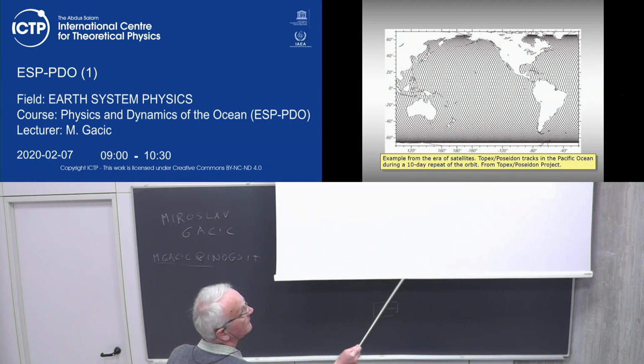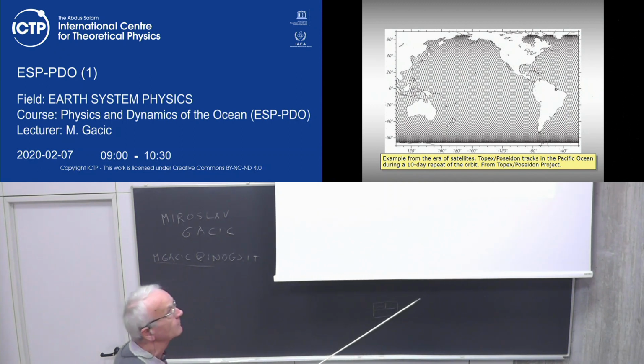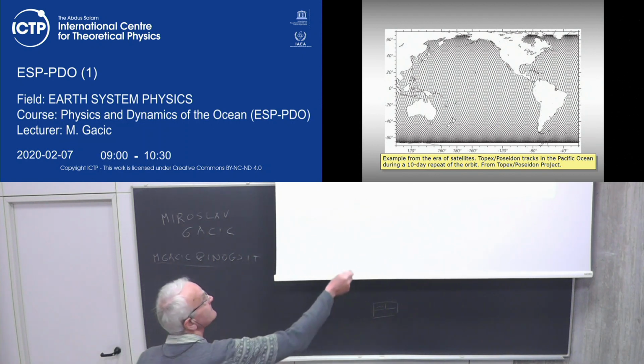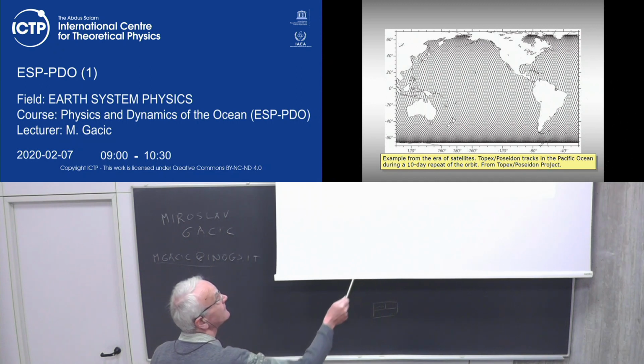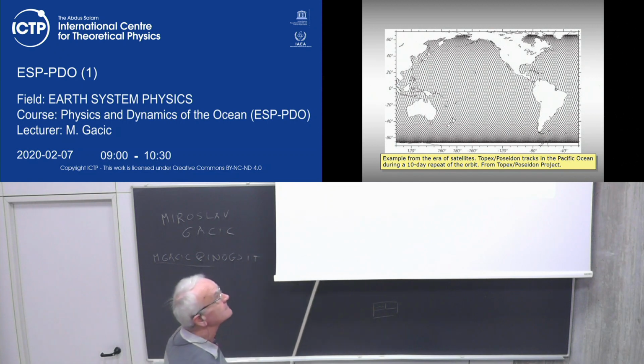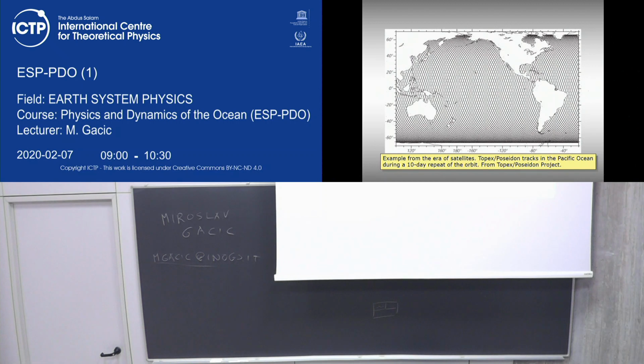This is the track in the Pacific during the 10-day repeat of the orbit. That means every 10 days the satellite covers the Pacific with this network. You see the real progress in measuring the oceanographic properties, thanks to remote sensing, thanks to the satellite data.